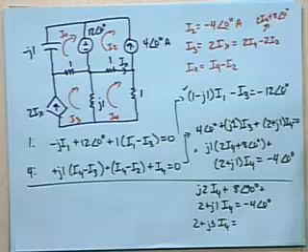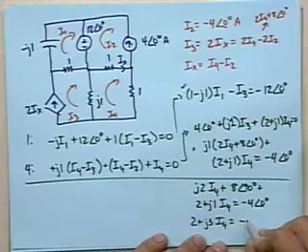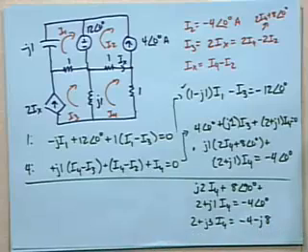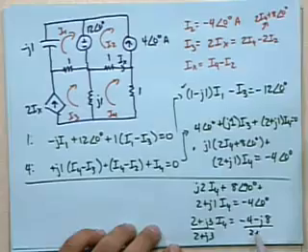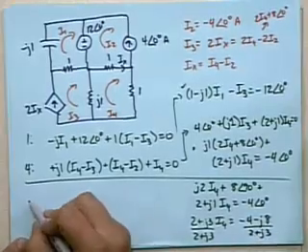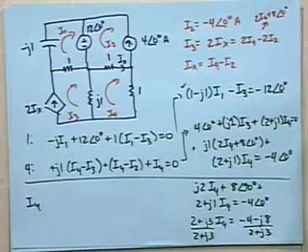Well, that's not a nice number. Hopefully this works out right. Leave this as negative 4 minus J8. So divide both sides by 2 plus J3. And so I4 should equal, and I'm a little worried about this, but divide by 2 plus J3.